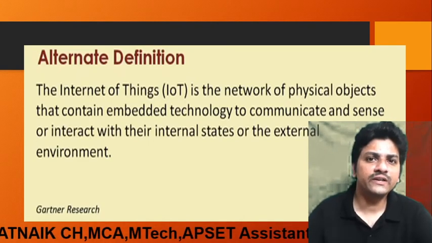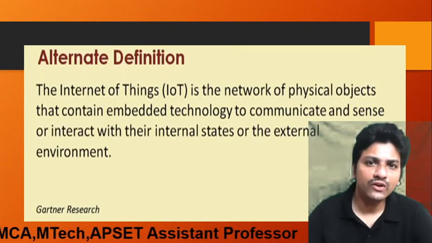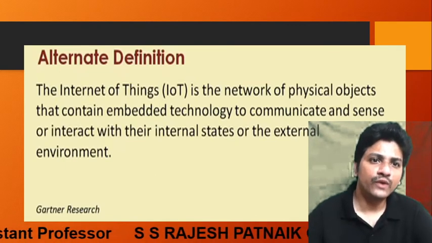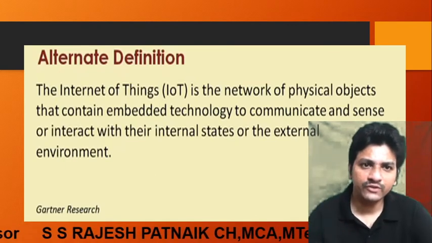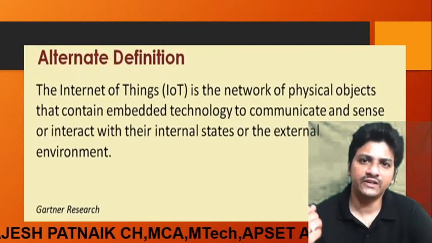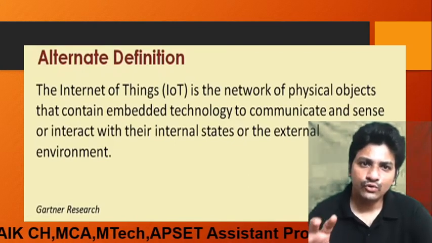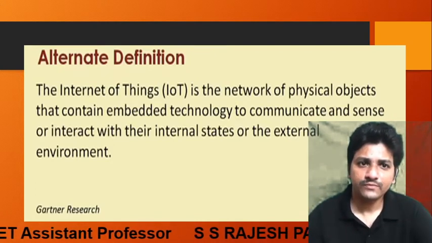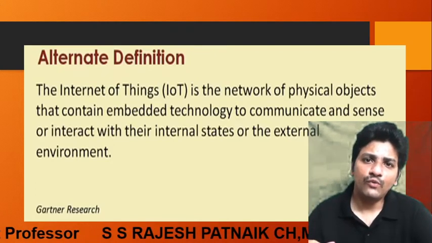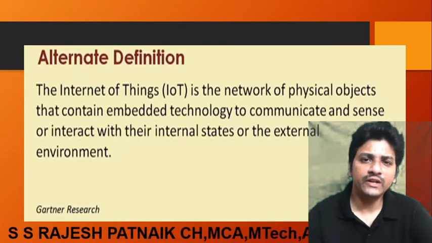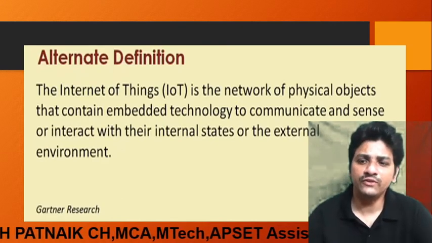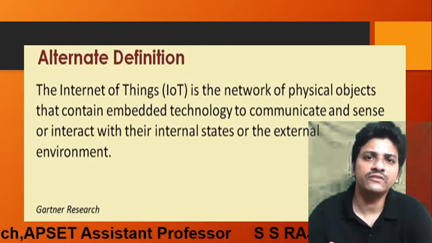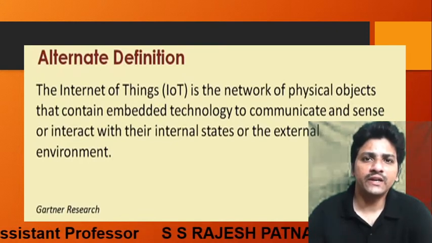So if any physical object is embedded with technology for communicating, it consists of some sensors to sense or retrieve the data, and some actuators to perform a particular action. Whenever an ordinary physical device consists of a group of sensors and actuators and is connected to the internet, it becomes an IoT device.